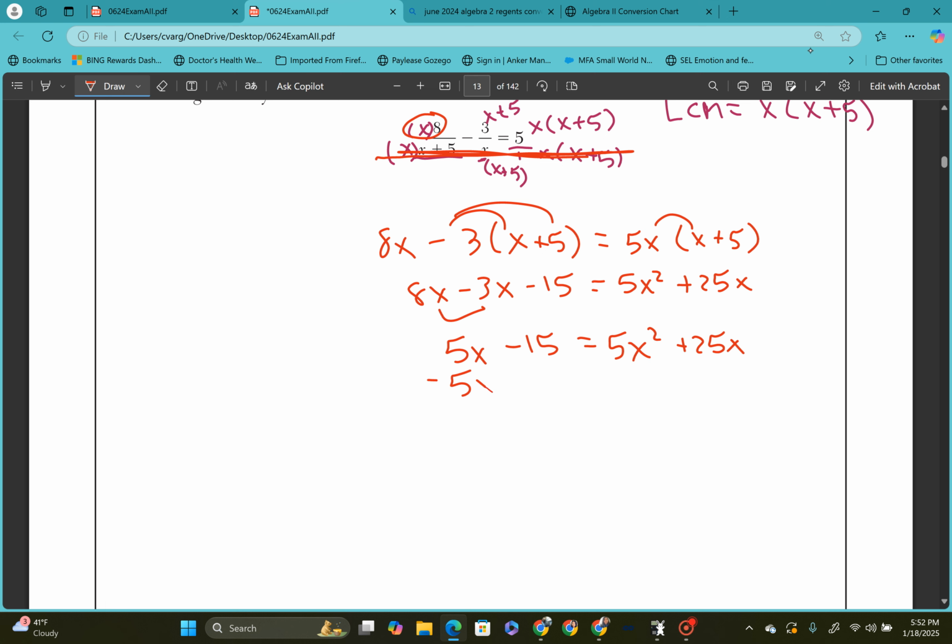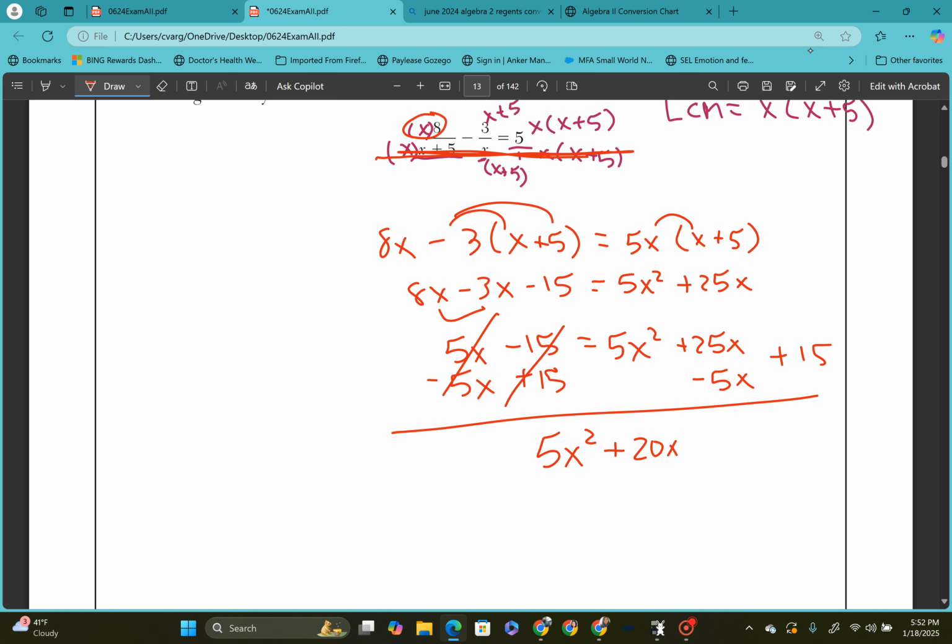Let's move this over. So minus 5x plus 15 plus 15. This cancels out. So I'm left with 5x squared plus 20x plus 15 equals 0, or you can put the 0 on the other side.